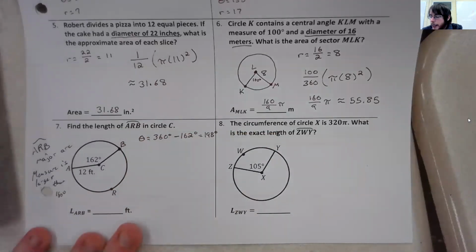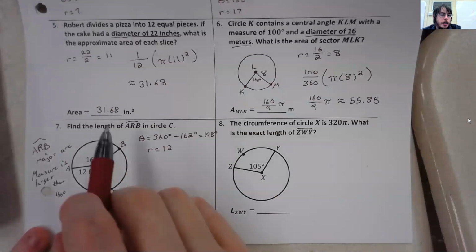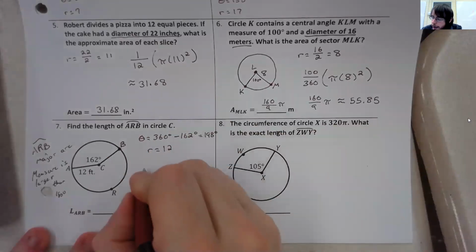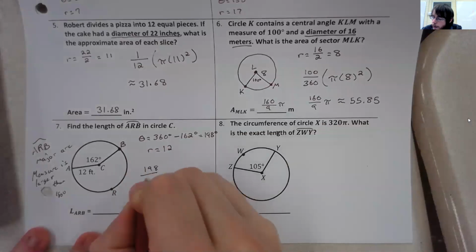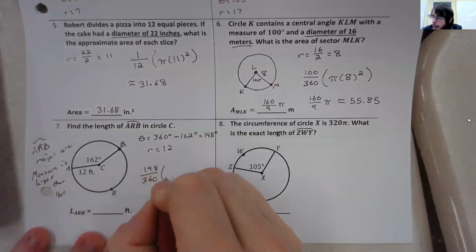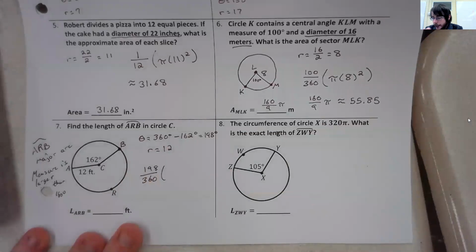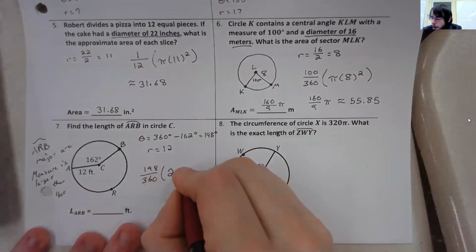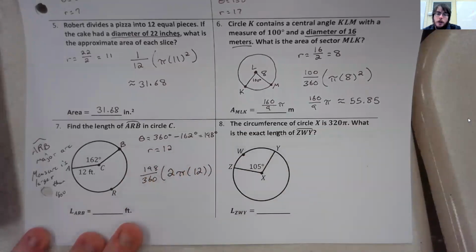And then we use our radius, r equals 12, and plug it into our formula. We're finding the arc length, so we need to do theta over 360, so 198 over 360, times, since it's arc length, we don't do pi r squared, we do 2 pi r. So 2 pi times 12.